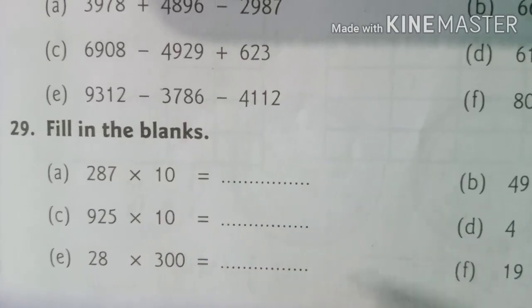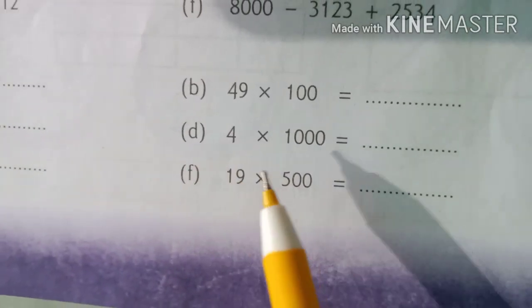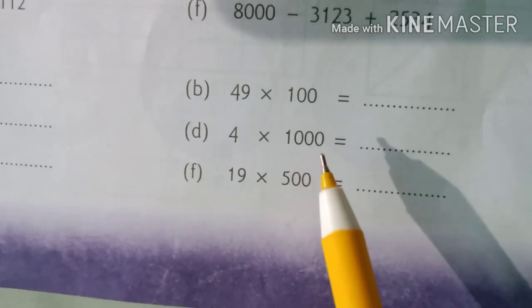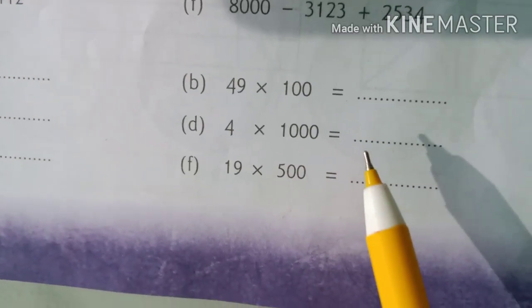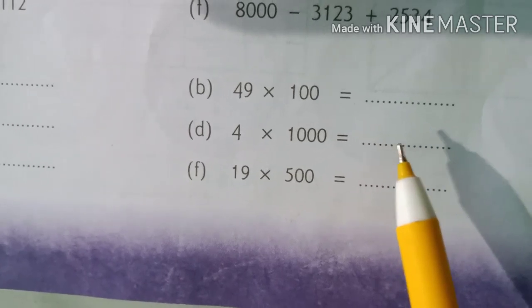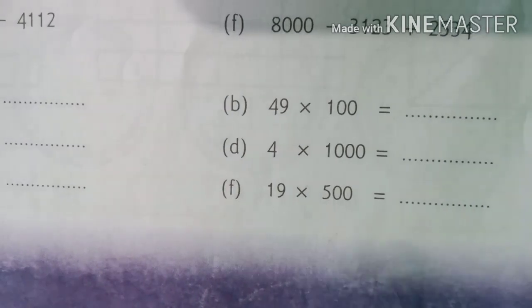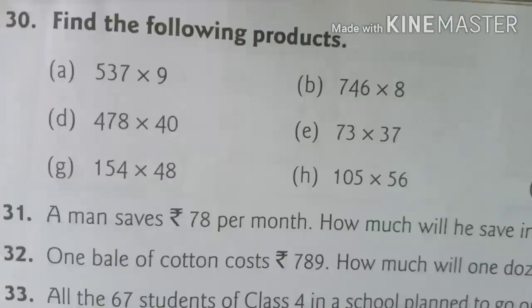Likewise, you will see in question D, 4 is multiplied by 1000. Then in this situation you will put 3 zeros with 4. The answer will be 4000. Likewise, you will do these questions. Now come to the next question.